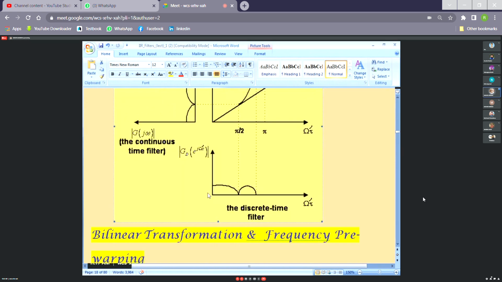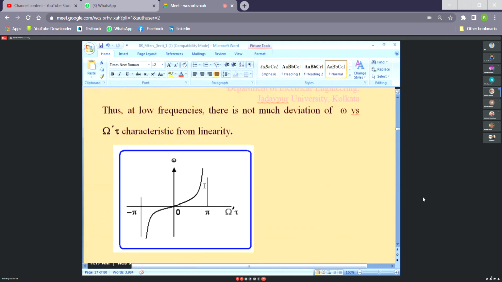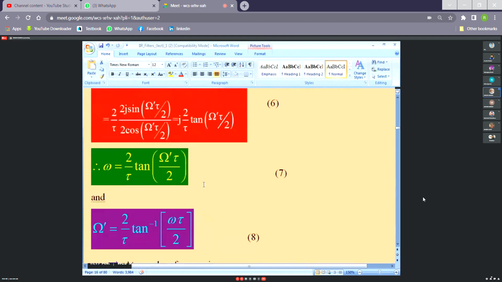Just recall that when you apply bilinear transformation, you change over from small omega to capital omega prime. So what happens? Distortion takes place according to equation 7, or you may say, truly speaking, according to equation 8.